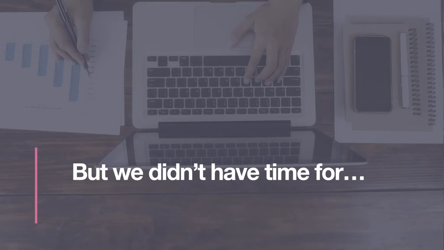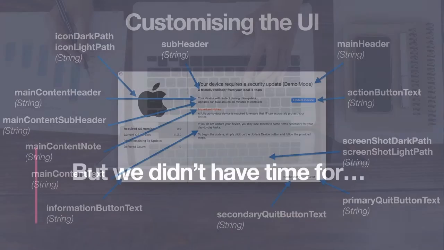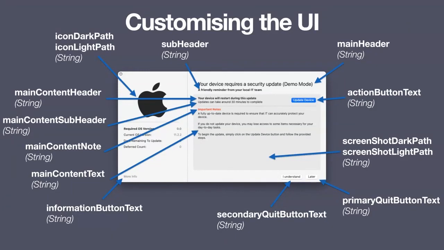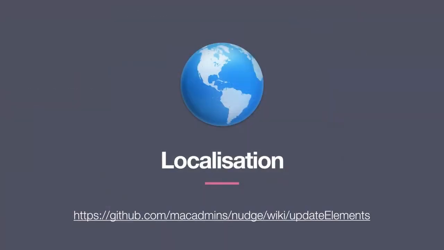However, there are a few things I didn't get time to go into, such as all the different parts of the user interface that you can change. So this is really where you can add your organization's own branding and text if you want to. Nudge also supports localization, so you can change the messages in those text elements to reflect the native language that your Macs are using.